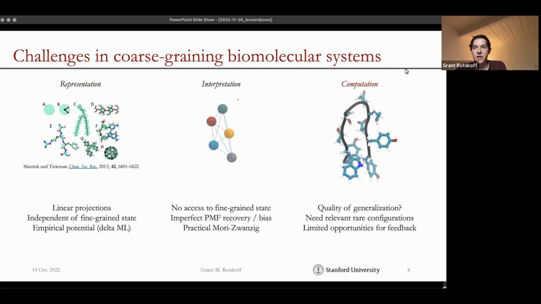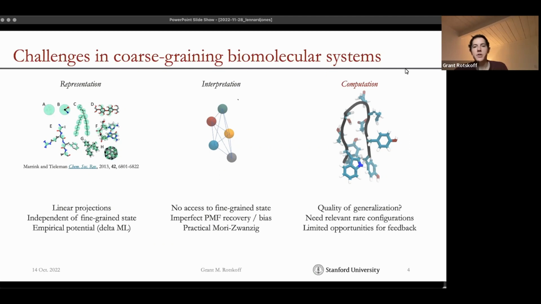So you really need to achieve this level of independence for the coarse-grained model that allows you to explore new regimes of the thermodynamic state space that haven't really been explicitly contained within the data. And of course, as was brought up in the discussion for the last talk, this requires that you have relevant rare configurations for things like transition states or other types of dynamical events that are crucial in order to actually represent those regions of the thermodynamic state space.